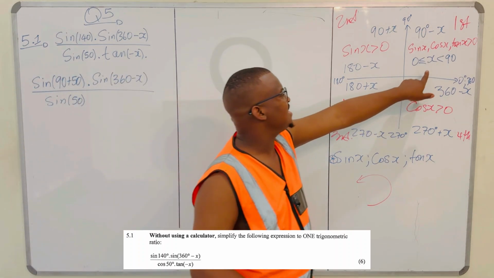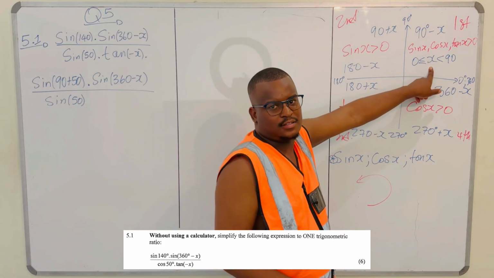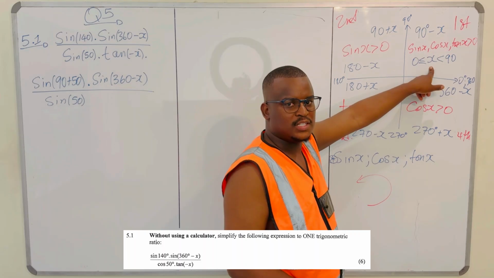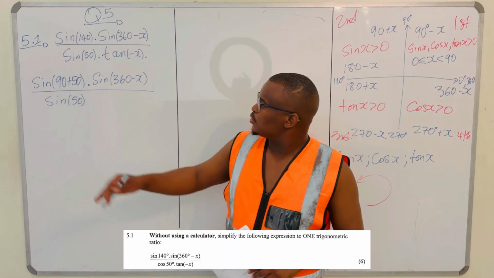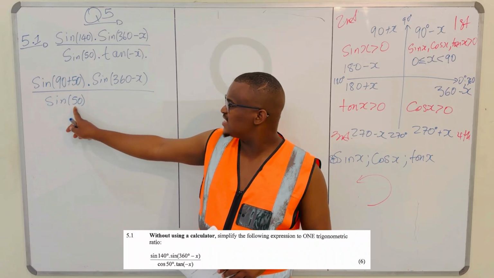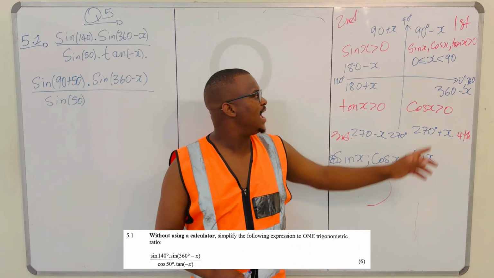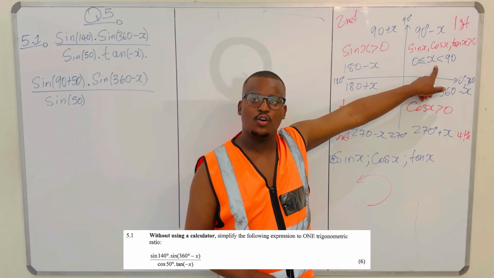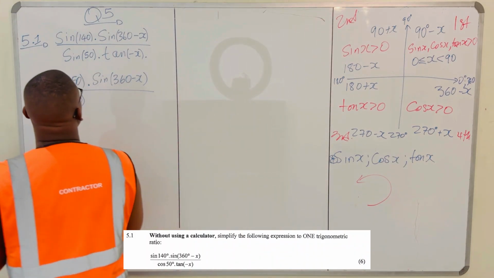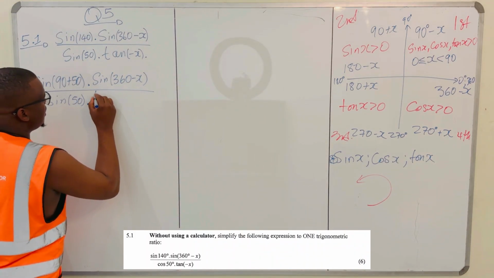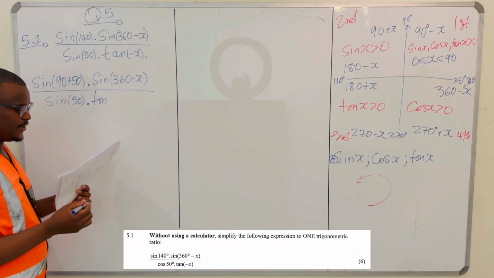It falls on this interval already. So there's nothing to do with it really. It's finished. Instead, we want to write everything to look like sine 50, so that this angle here is an acute angle, which is an angle from 0 but less than 90 degrees. No problem. So times the tangent of negative x.